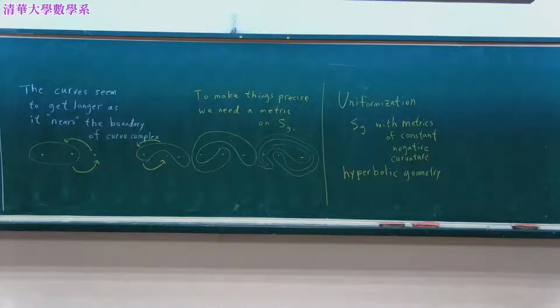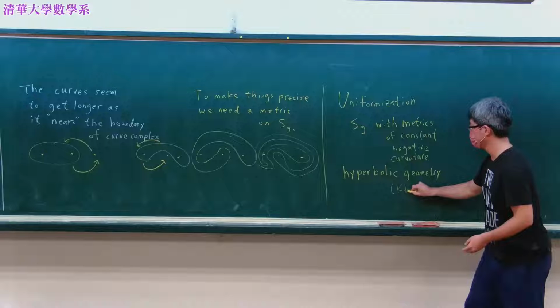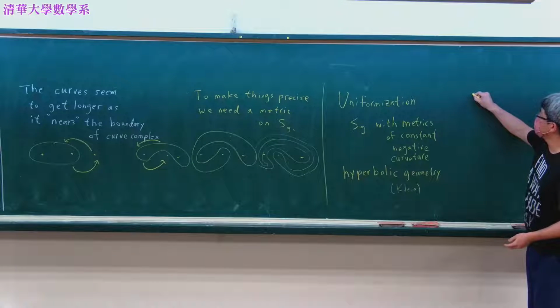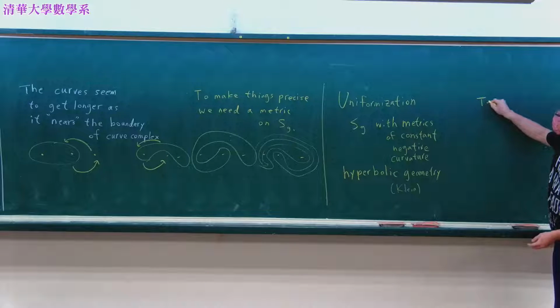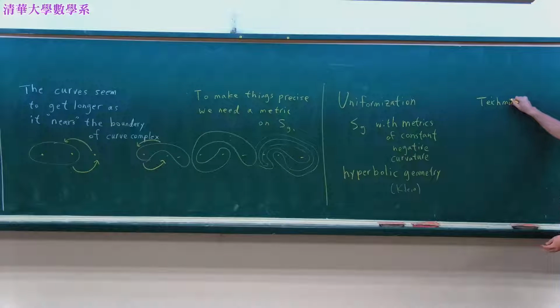Riemann surface theory was already developed at the end of the 19th century, which is done by Klein. So there's a lot of things already done by Felix Klein, the same Klein with the Klein bottle. And then in the World War II period, we have a different mathematician called Teichmüller.